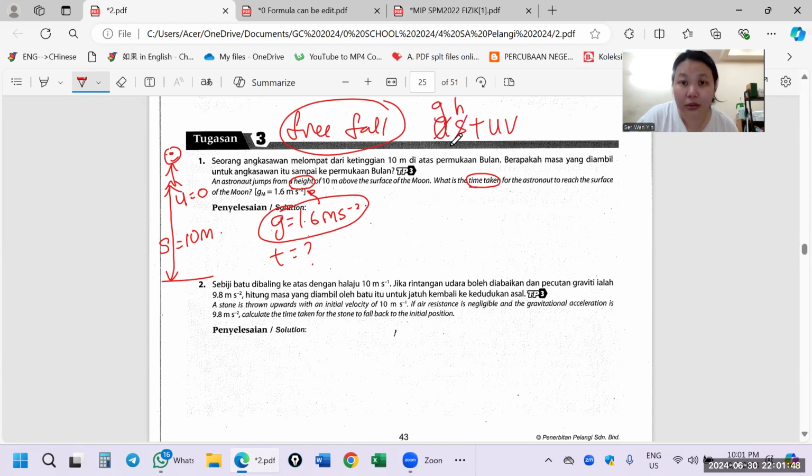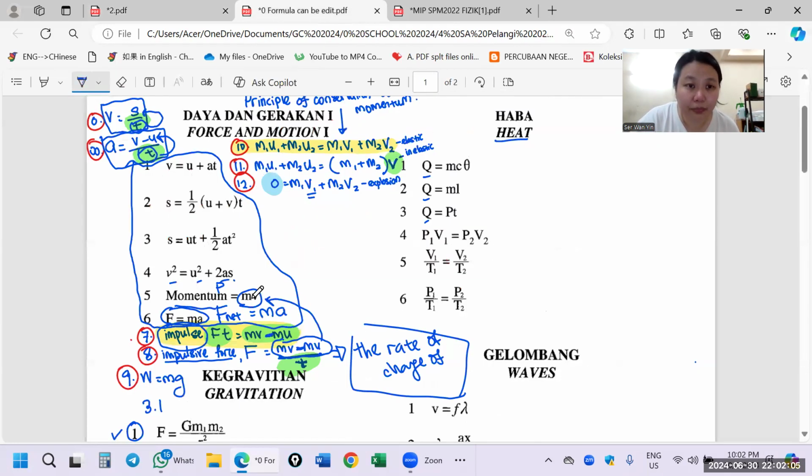So we have A, S, T, U, but we don't have V. Which formula has only A, S, T, U?